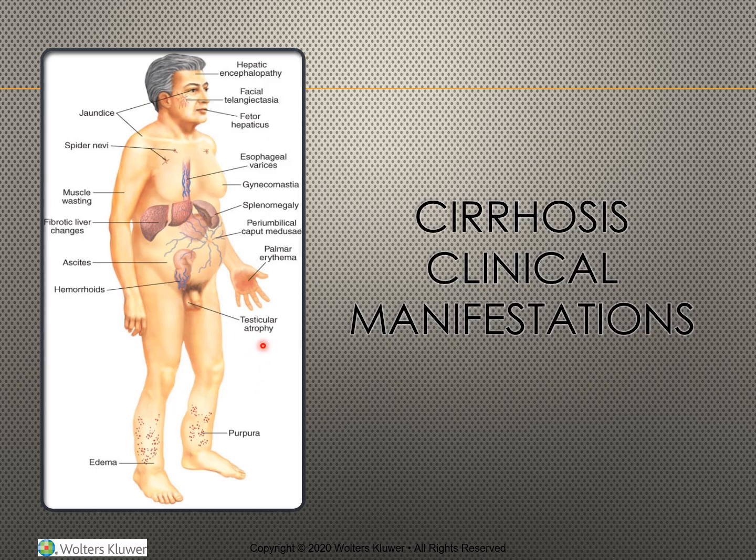We can get testicular atrophy because of the effects on the metabolism of different steroids within the body, as well as gynecomastia. Edema often forms because these patients have a reduction in oncotic pressure because of lower albumin levels. And we'll talk about esophageal varices, but those are outpouchings of the veins within the esophagus.